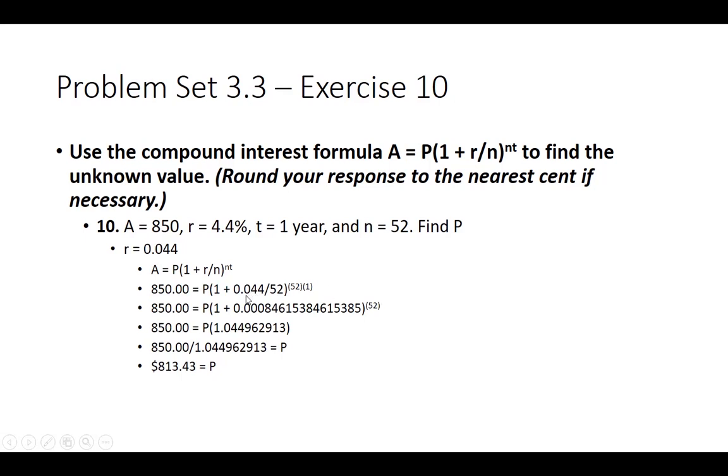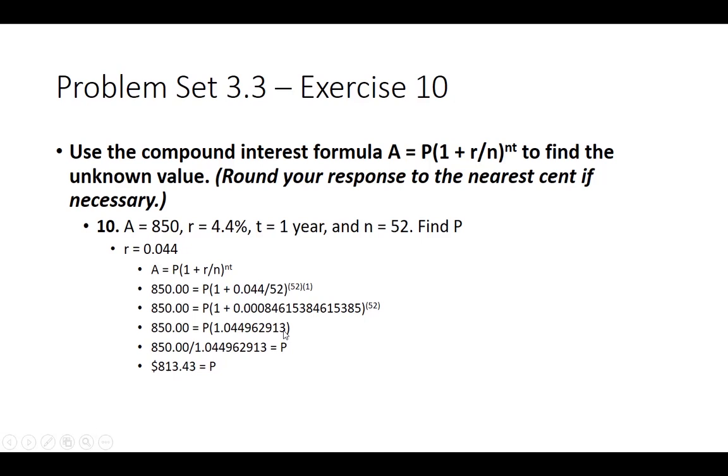Then our division, 0.044 divided by 52 is this nice long number. Keep it in the calculator. Add 1 to that. Keep it in the calculator. Raise that to the 52nd power. And you get 1.044962913 and some more digits.